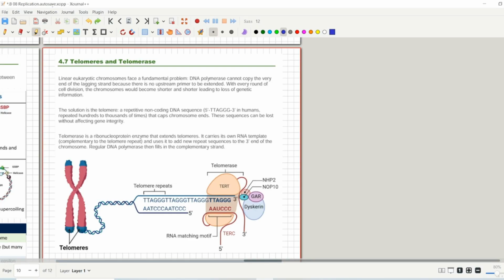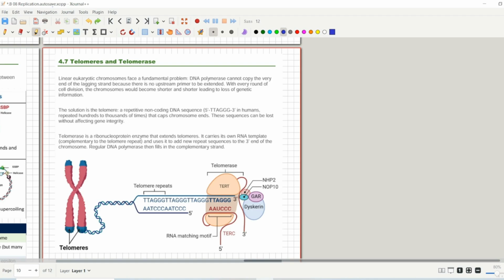The end of the strand is really difficult to copy, because there is no primer extended until the end, right? The primer might fall off from the end. So to copy these edges, we have a special enzyme that is called telomerase. So telomerase and telomere are the solutions to this problem.